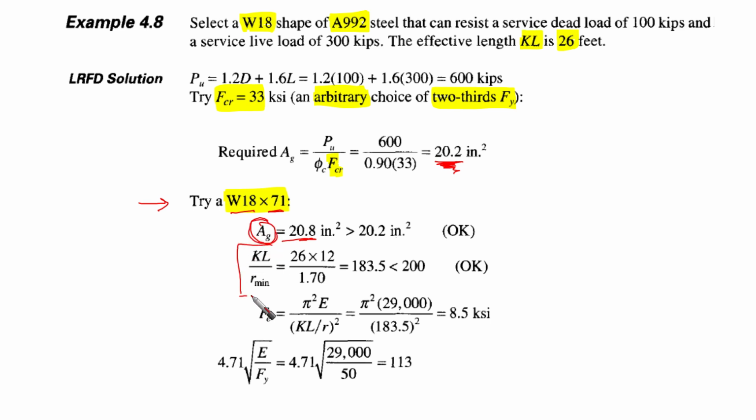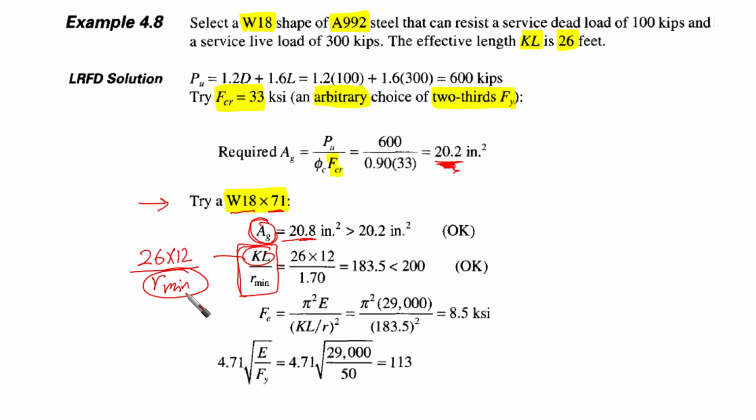We're going to obtain what is KL over R. KL is already given for us, which is 26 foot. We're going to multiply by 12 to transform it to inches, over R minimum. What is R minimum here? R minimum for wide flange 18 by 71 you can obtain from the table.